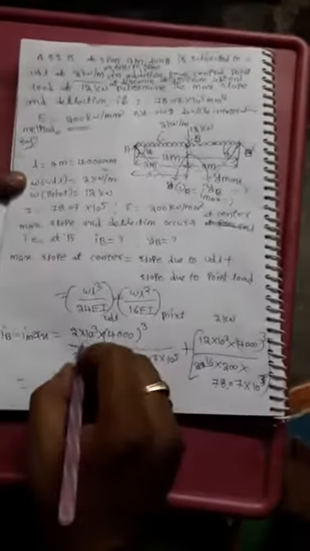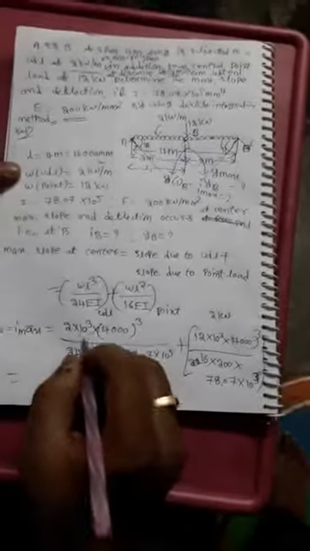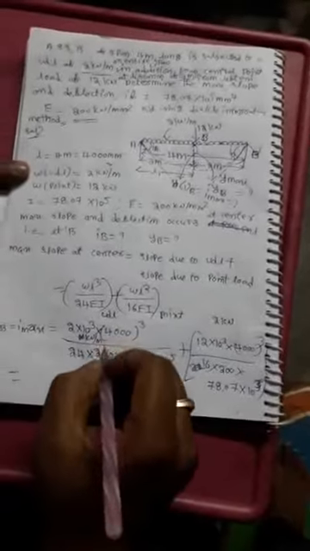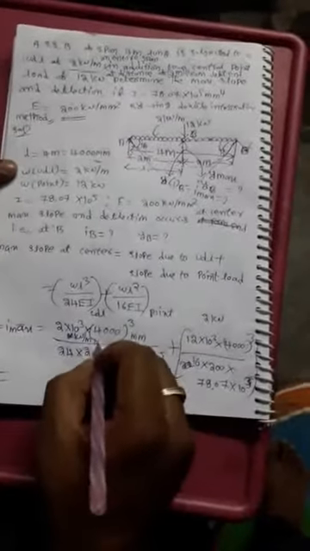The units are in kilonewton per meter, so you change meters into mm. E is in kilonewton per mm square, and I is in mm power 4.